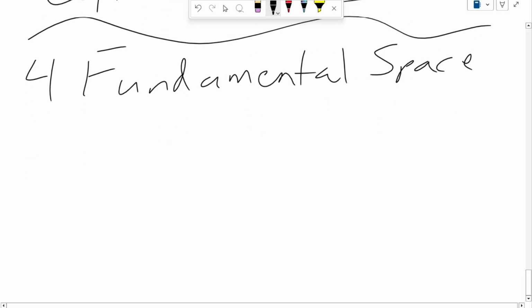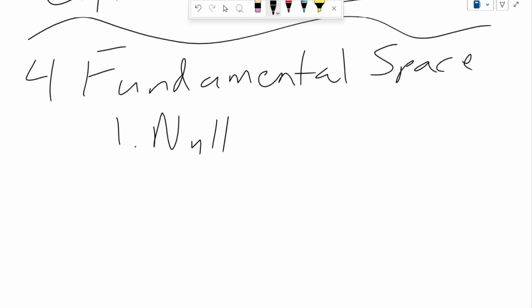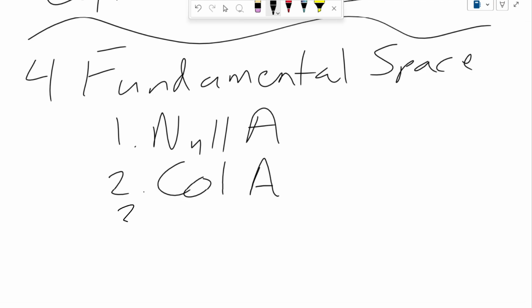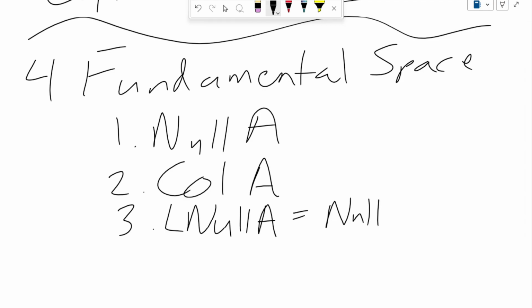The 4 fundamental spaces: the first is the null space. The second is the column space. The third is the so-called left null space, which I'll just call L null. L null of A is just the null of A transpose.